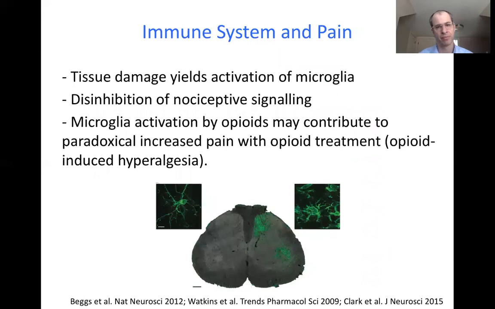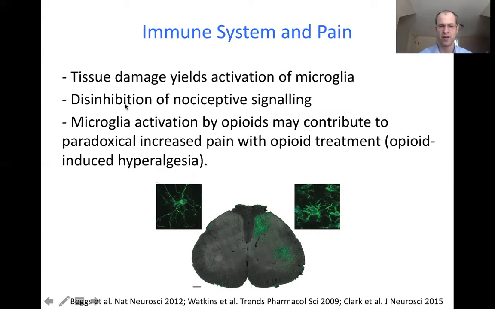I'll mention two last things, also related to the immune system in pain. There's evidence for microglial activation in response to tissue damage and nerve injury and augmentation of pain signaling through that.